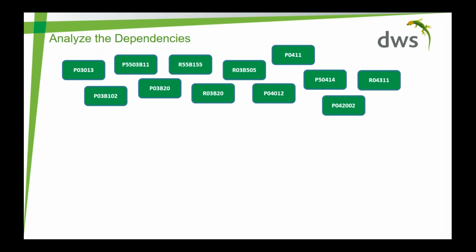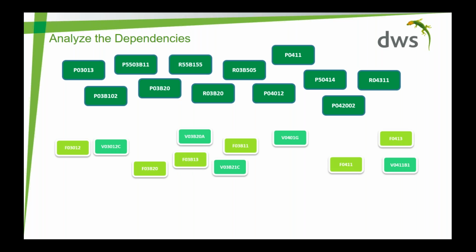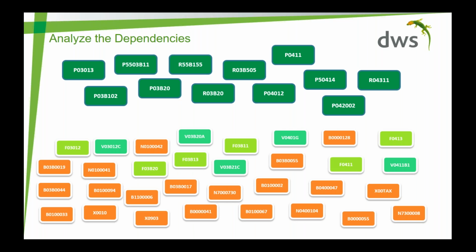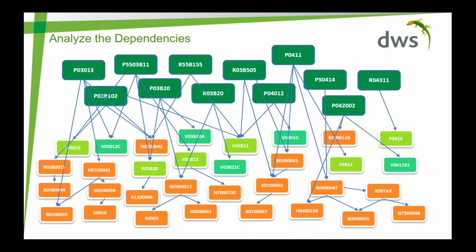Now, Dimension Focus has the ability to analyze the lower level objects that are used by these programs. So, for example, all the tables, business views, and business functions. Dimension Focus also knows about the interdependencies between these objects, and it can build up a multi-level hierarchy of how they are all interlinked.